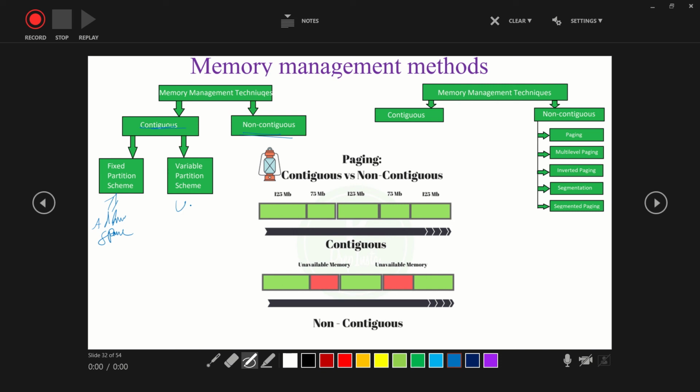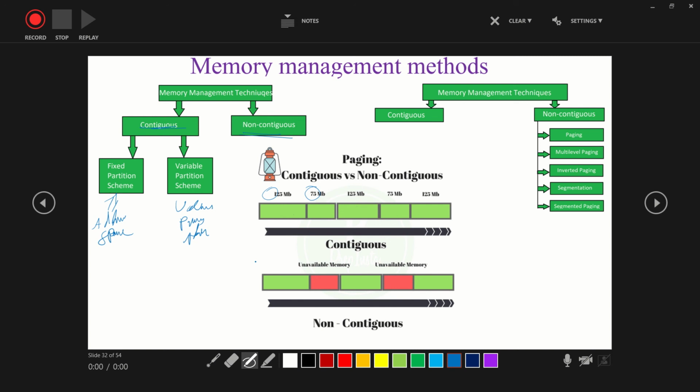In the variable partition scheme, please assume the sizes are 125 MB, 75 MB, 125 MB, 75 MB. Depending upon the process, this 75 or 125 may change, but it may be allocated page by page.